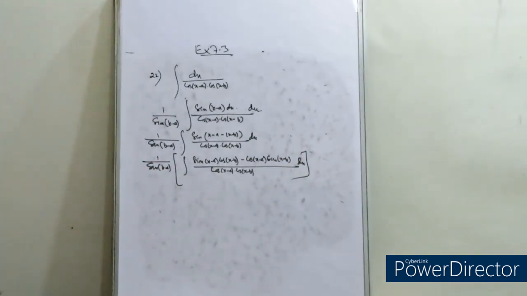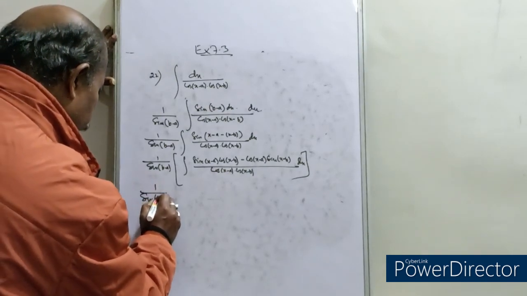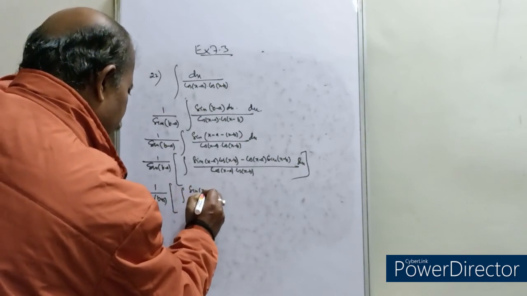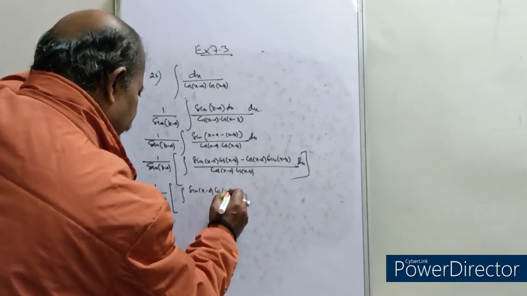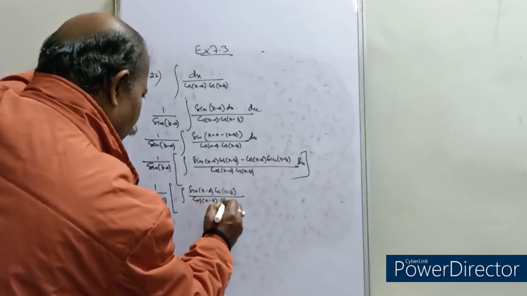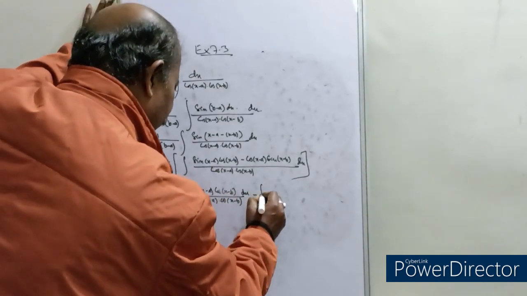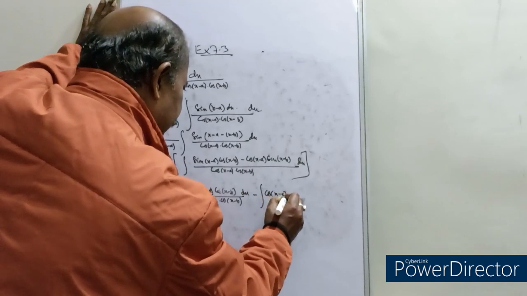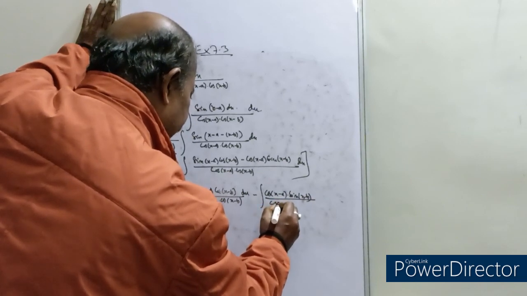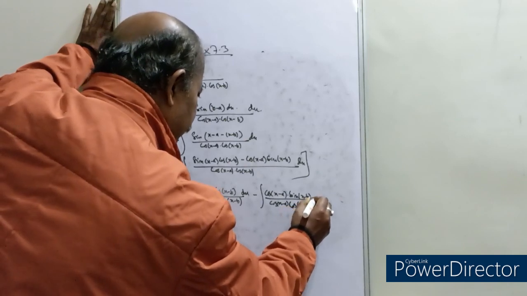Now, separating this in two parts: sine(b minus a) times integration sine(x minus a) cos(x minus b) by cos(x minus a) cos(x minus b) dx, minus integration cos(x minus a) sine(x minus b) by cos(x minus a) cos(x minus b) dx.